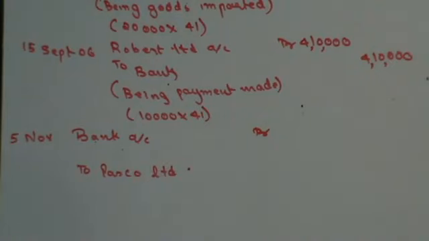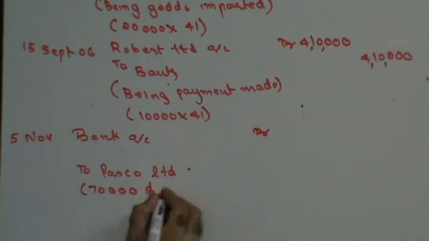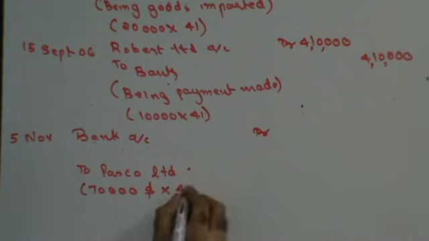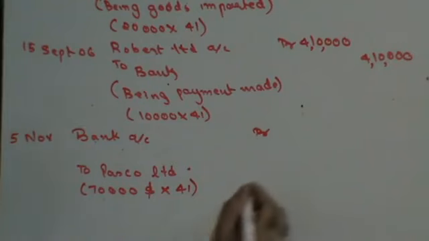Now, how much is he paying you? He's paying you $70,000. When you sold to Pasco, you sold at the rate of 41. Someone please find out how much is that? 70,000 into 41, so 28,70,000.